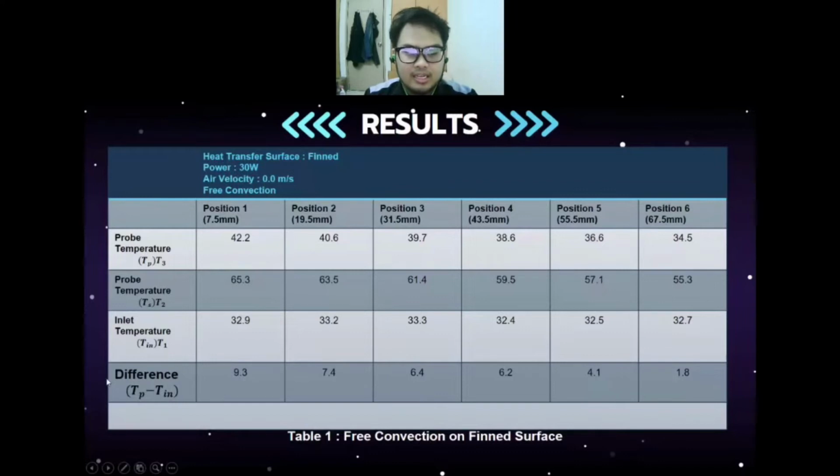So we have calculated the difference, TP minus Tin, for position 1 is 9.3, position 2 is 7.4, position 3 is 6.4, position 4 is 6.2, position 5 is 4.1, and lastly position 6 is 1.8. And that's all for me, and Assalamualaikum.